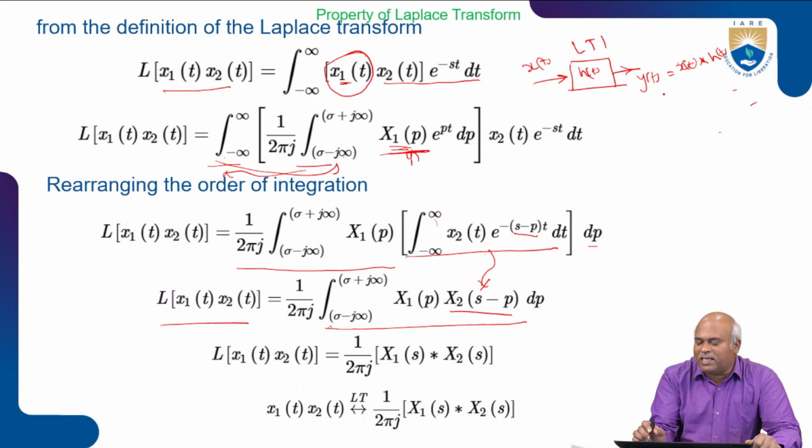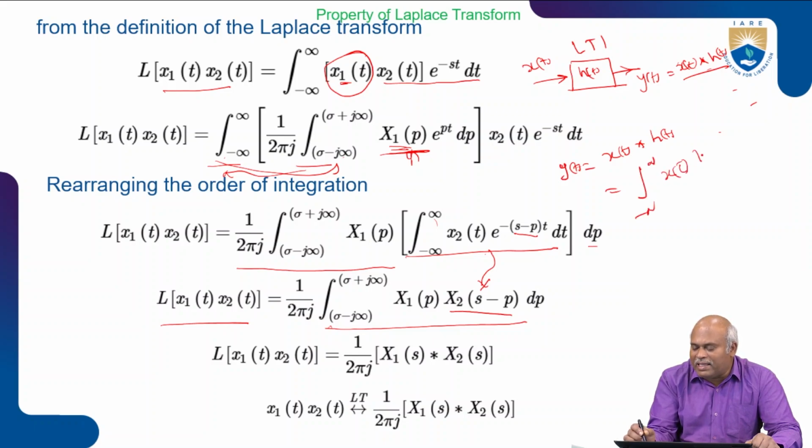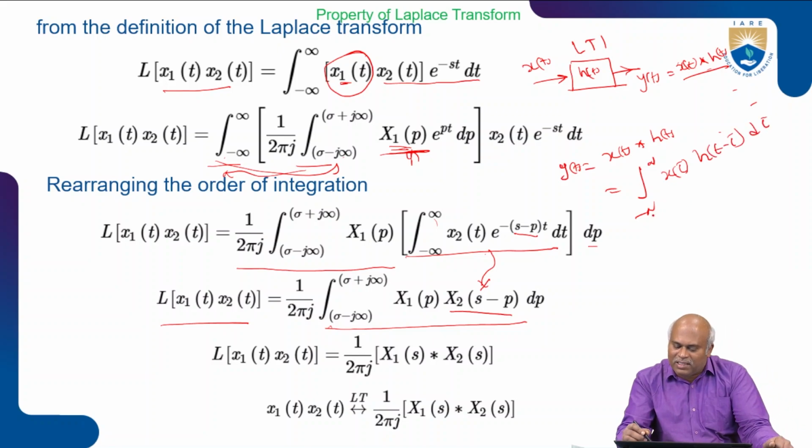So in this same case, I write y of t is equal to x of t convolution h of t. This value is equal to the integration of minus infinity to plus infinity of x of tau h of t minus tau d tau, we write. So this equation is represented as x of t convolution h of t.